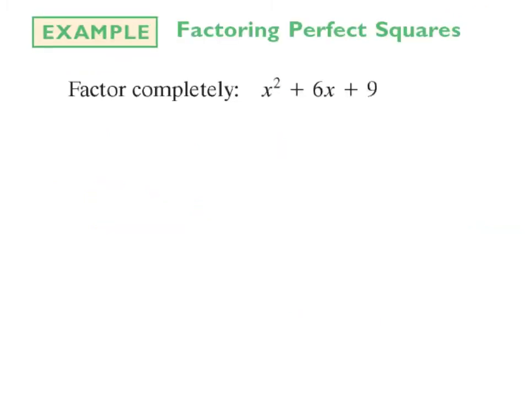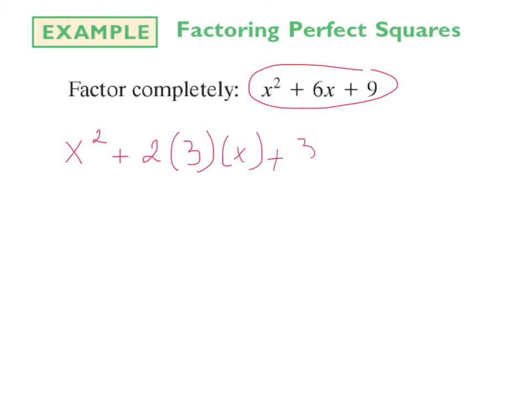Alright, so here we have to factor perfect squares, factor completely. We have x squared plus 6x plus 9. Well, we can realize that this one can be written as x squared plus 2 times 3 times x plus 3 squared.